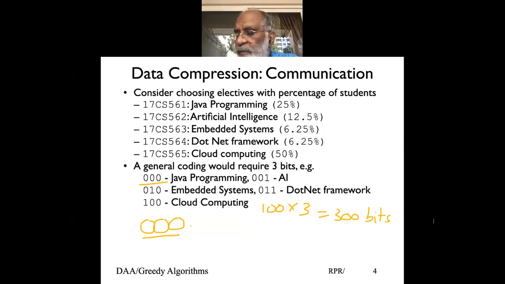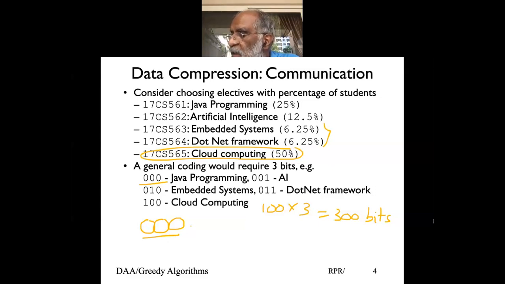We know that cloud computing is taken by 50% of people. So can we give a shorter code to this and a longer code to, let's say, embedded systems, which is taken by fewer? That would probably give us a better scheme.